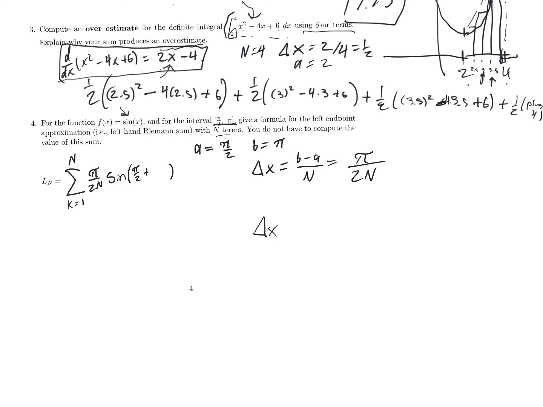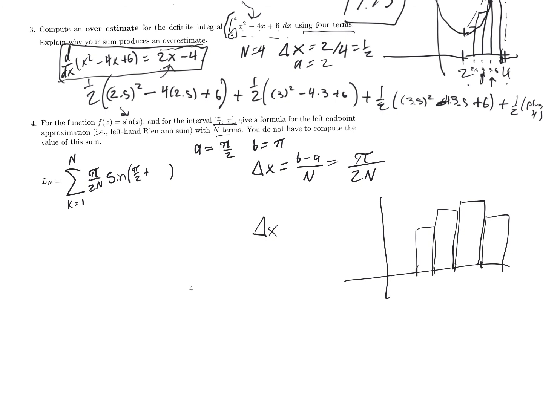Plus something. And I want that plus something to get bigger at each step of the way. I'm starting at a, and then I'm going to add something, add another thing, so that I get my next places to go with these rectangles.